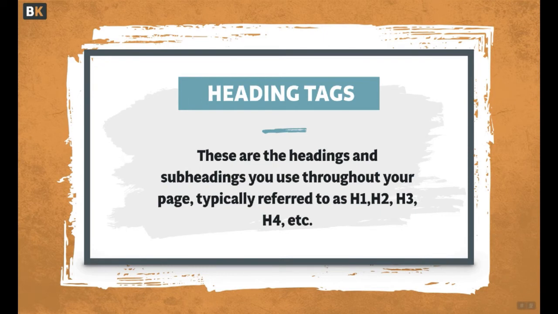Heading tags. These are the headings and subheadings used throughout your page, typically referred to as H1, H2, H3, etc. And we talked about how you have an H1. Typically, the topmost heading on a page is going to be the H1 tag, and there's only one of those per page. But throughout your page, you'll likely have multiple headings, and this is across all page and post types.